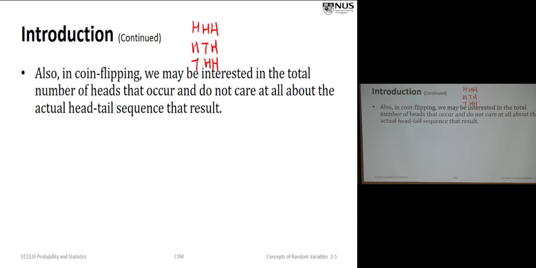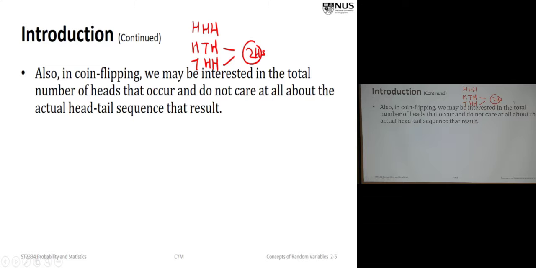But this one and this one, although the sequences are not the same, so they represent different sample points, in terms of the number of heads, both are 2 heads. So we don't bother about the sequence, we just want to know the number of heads.